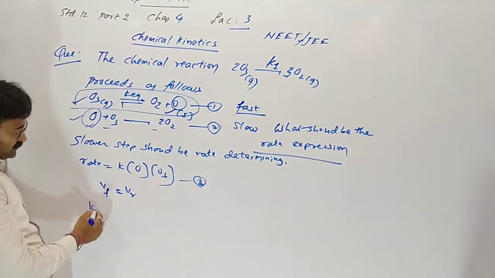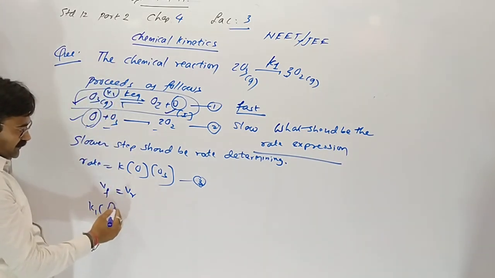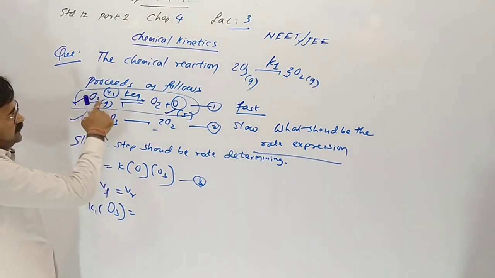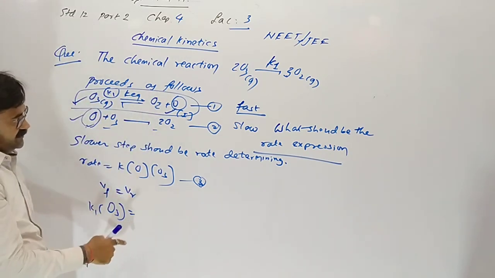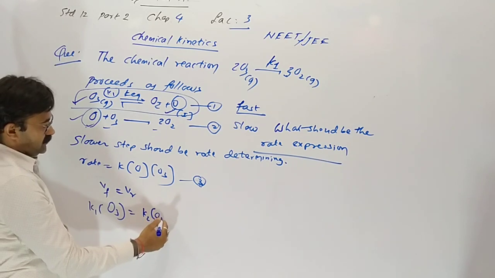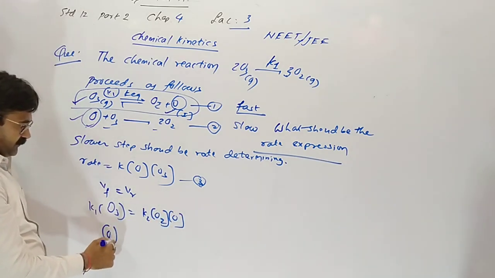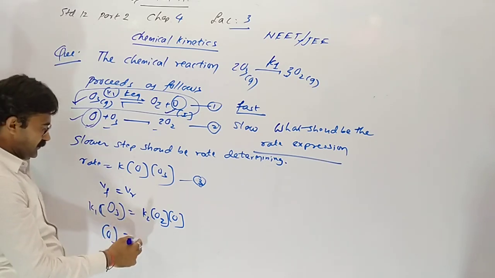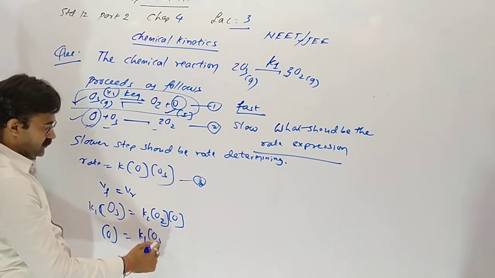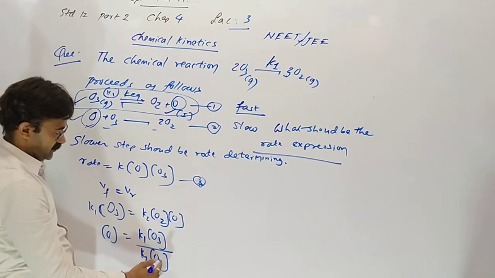So K1 into O3 for the forward reaction. Now for backward, K2 into O2 into O. So the value of O will be K1 into O3 upon K2 and O2.